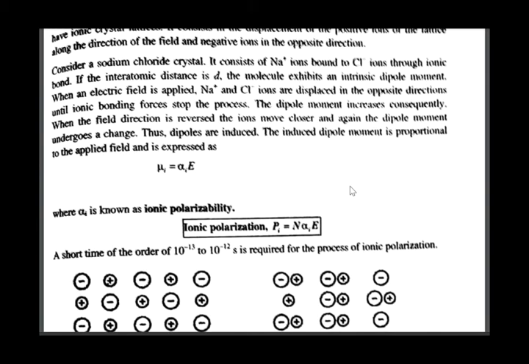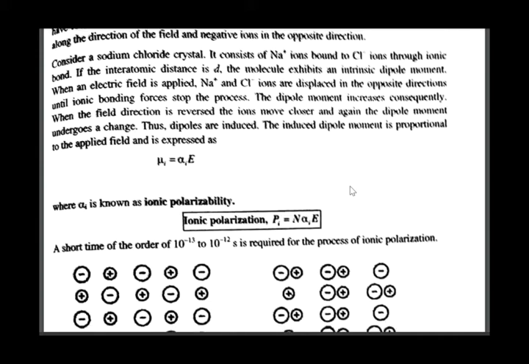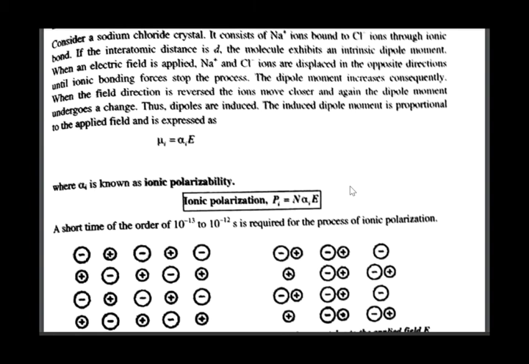The induced dipole moment is proportional to the applied electric field, and the expression is mu_i = alpha_i E, where alpha_i is known as ionic polarizability and mu_i is the dipole moment due to ionic polarizability.